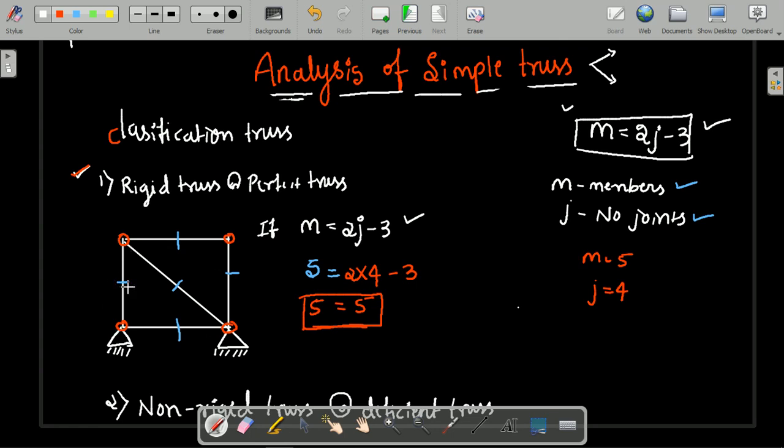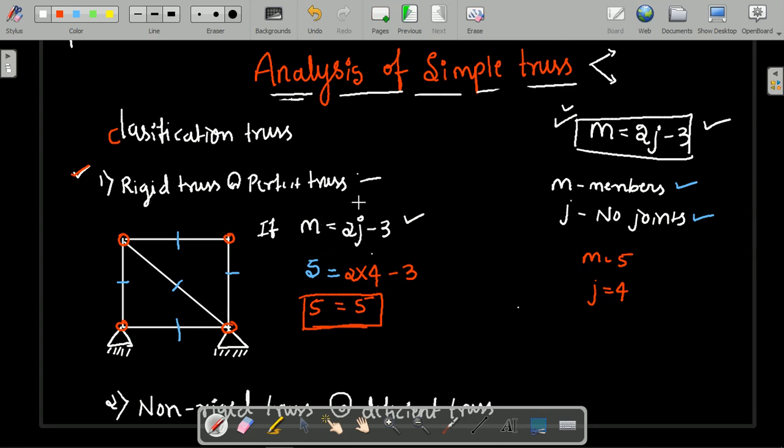So if the number of members provided in the truss is sufficient to carry the load and the deformation is minimum, then that type of truss is the rigid truss. Clear? We come to know it is a rigid truss by using this expression. If LHS is equal to RHS, m is equal to 2j minus 3, then the truss is considered a rigid truss.